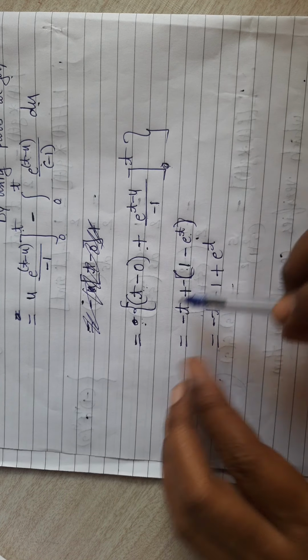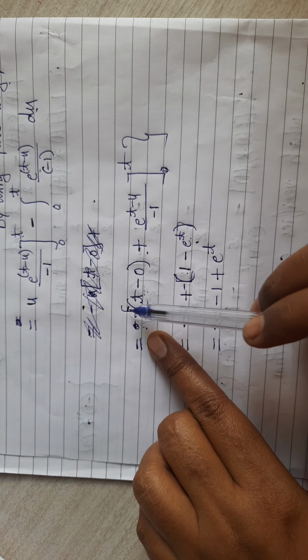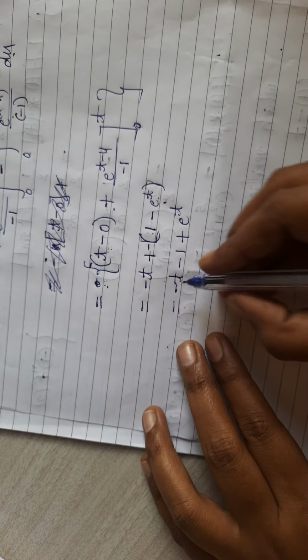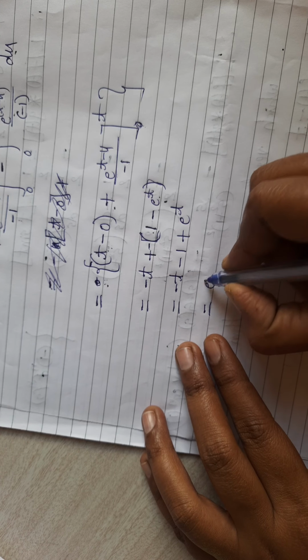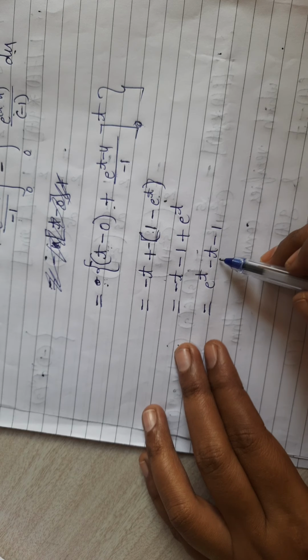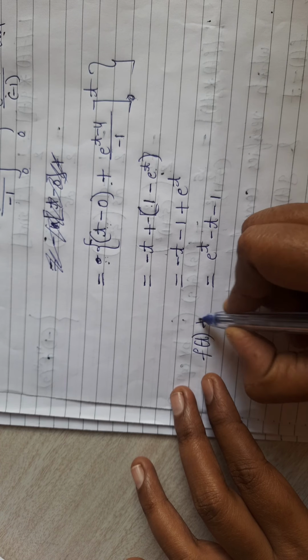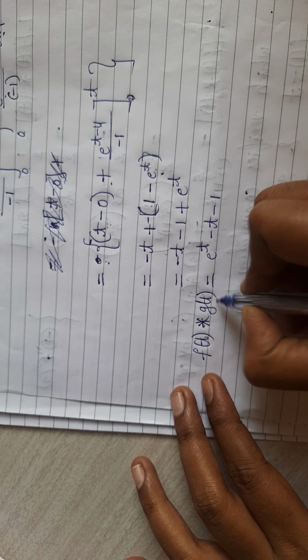Let me correct that. I have not taken the negative commonly, only for this part this negative, so I have taken it inside. So I'll write the first positive term e to the power t, then minus t minus 1. This is our f of t star g of t.